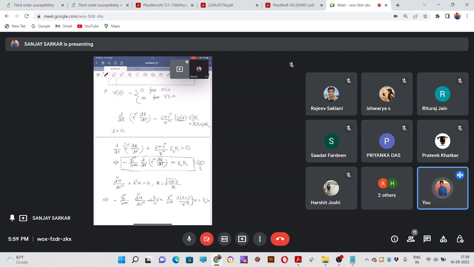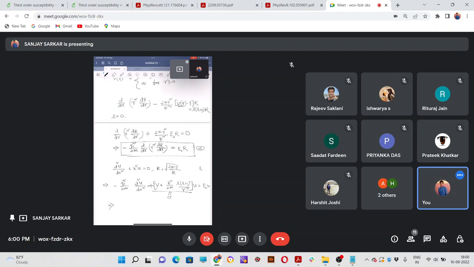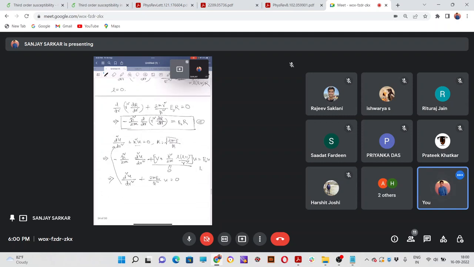Now L is 0, so the effective potential part is not there, and what we get is d2u/dr2 plus 2m E naught by h bar square u equal to 0, that is d2u/dr2 plus k square u equal to 0, where k equals root over 2mE by h bar. If we solve this equation, we get u of r as a sin kr plus b cos kr.